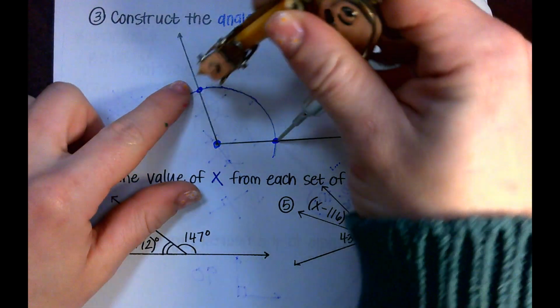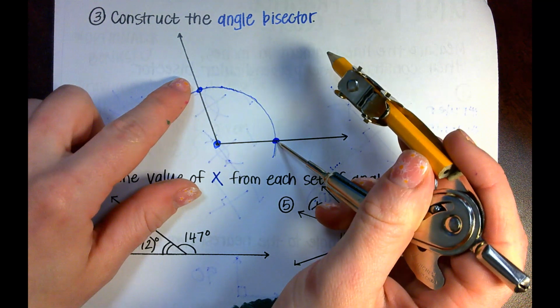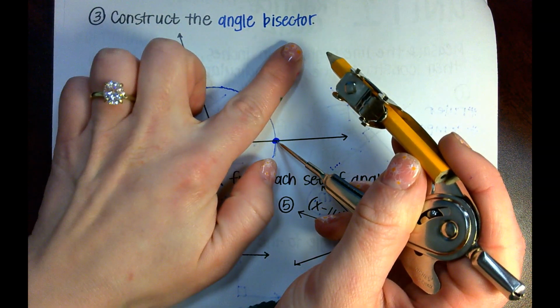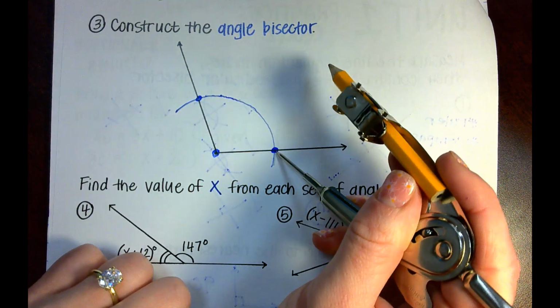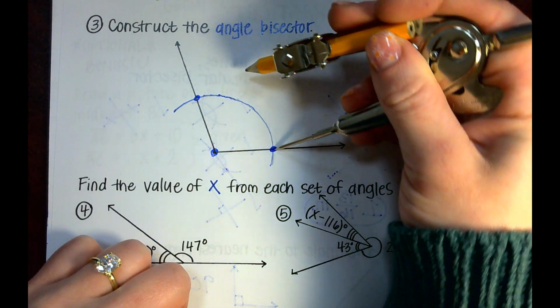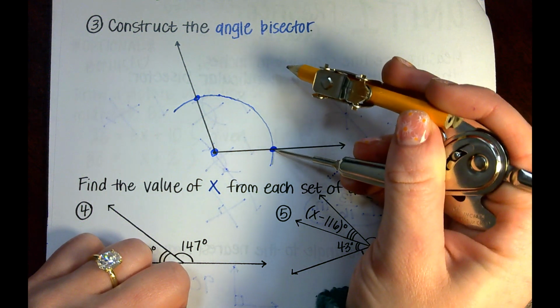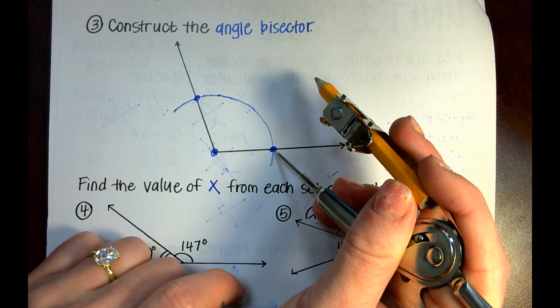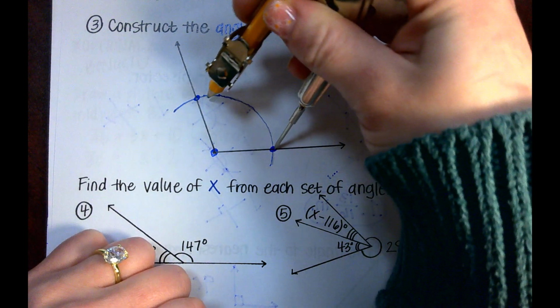The ones that are creating the intersection in the middle have to be open at the same length or else your angle bisector is going to be all wonky and it will not be a bisector. So I'm just going to open it up like this. And where should this arc be? Inside my angle or outside? Inside your angle.